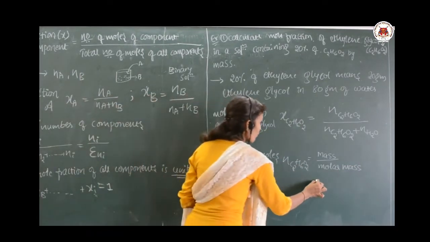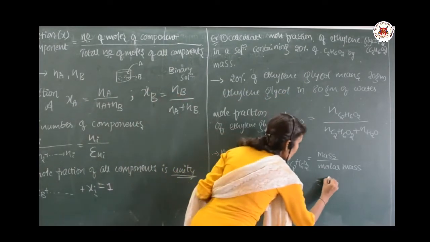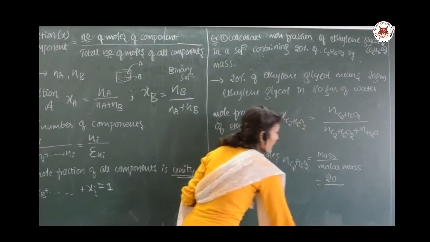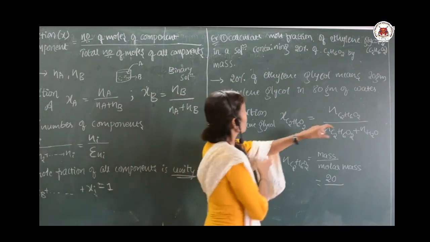What is the mass of ethylene glycol? Here we said 20 gram. So 20, and calculate the molar mass of the ethylene glycol.